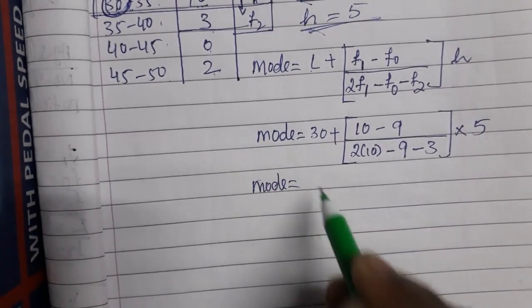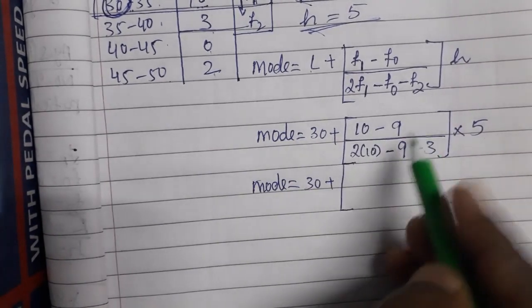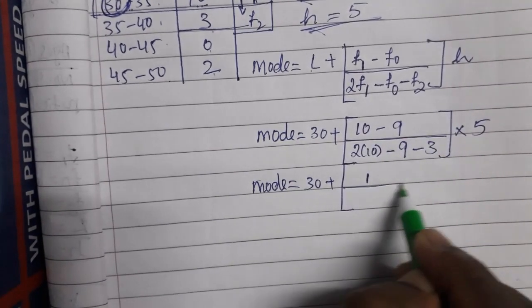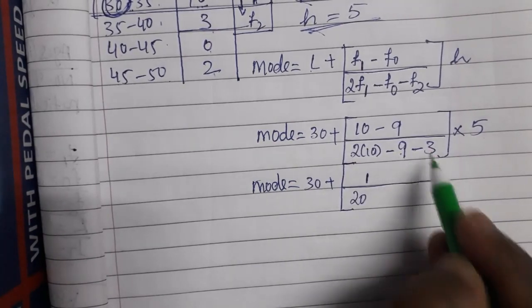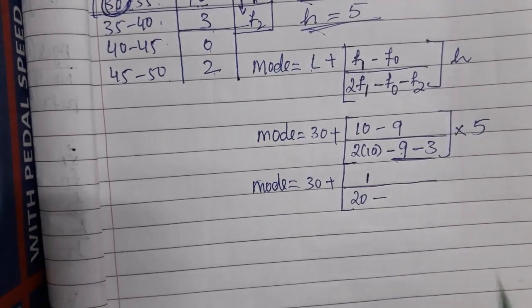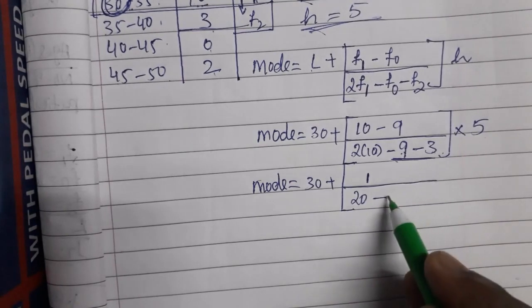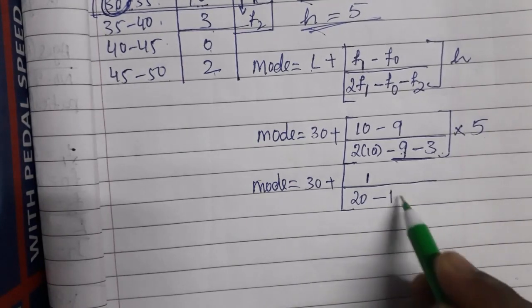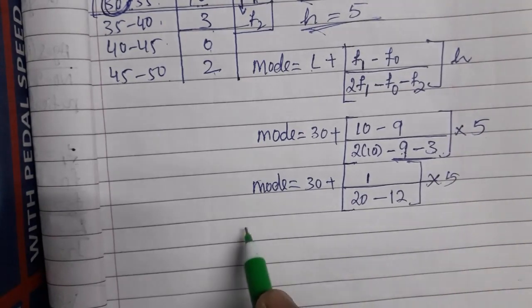Mode is equal to 30 plus, open the bracket, 10 minus 9 is 1, divided by 2 into 10, 20, minus 9 minus 3. Both the signs are same. Write the same sign and add the number. 9 and 3 when you add, you are going to get 12. Close the bracket. Into 5.